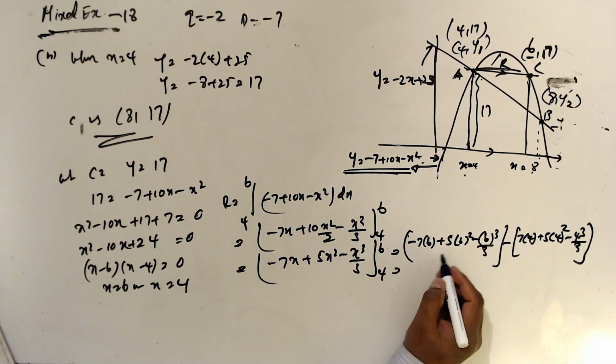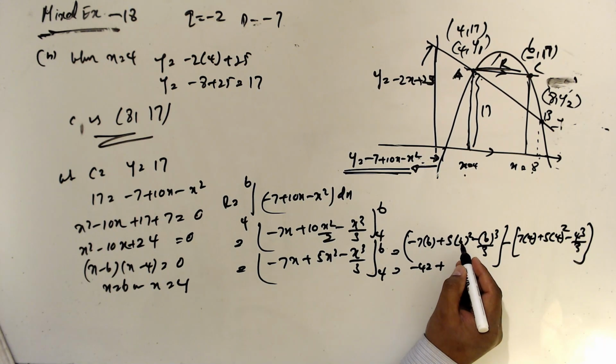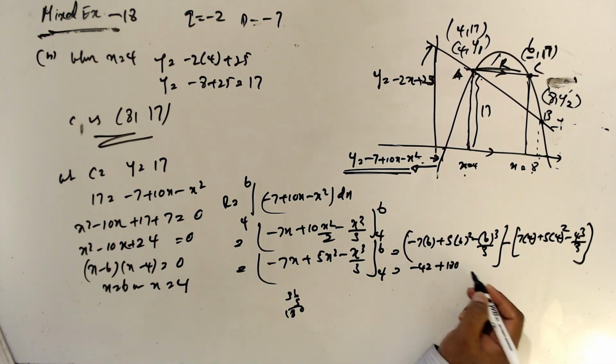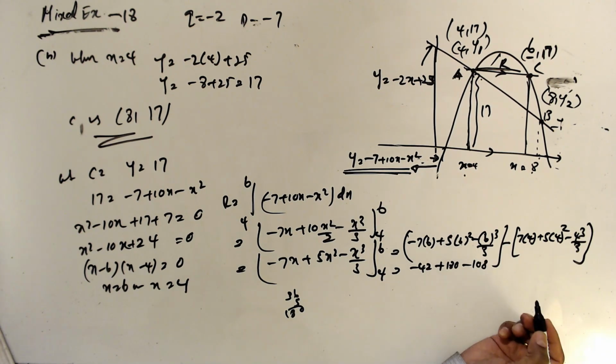So this is going to be 42, this is 36 times 5, 180, and this is going to be 108.